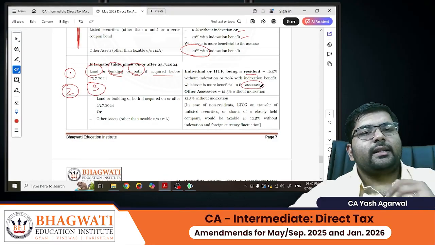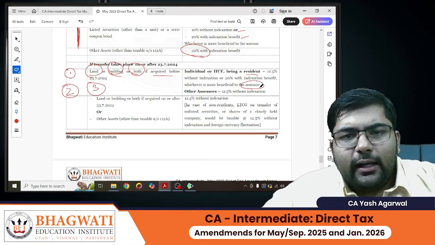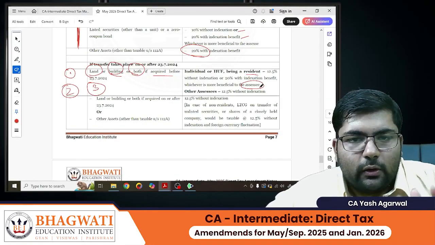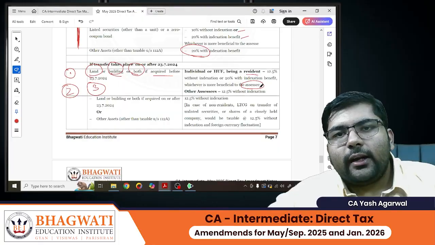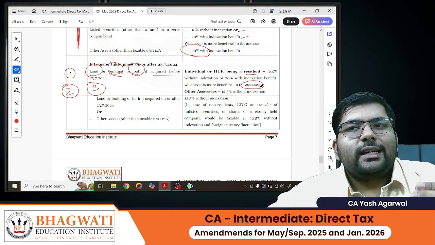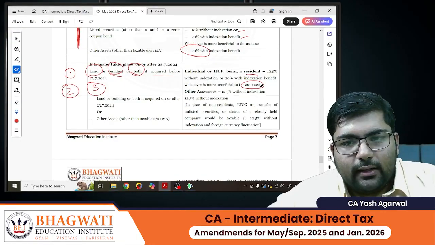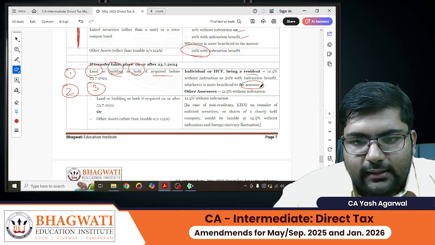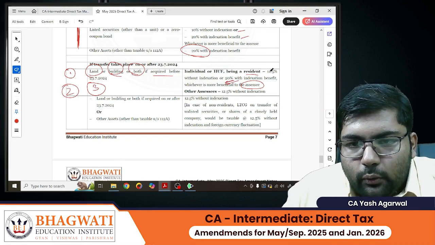See, what happened is the government suddenly removed the indexation benefit on blanket long-term capital assets. Land and building got included in that. The normal typical middle class Indian got hit by it very badly when the government said no indexation, even if the government lowered the rate of tax from 20% to 12.5%.